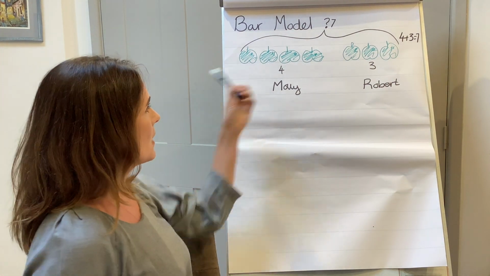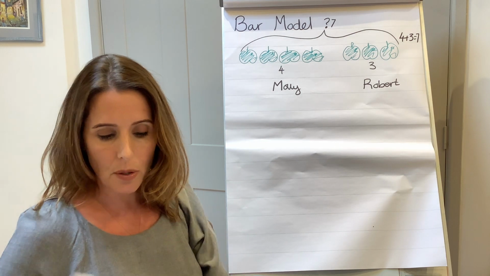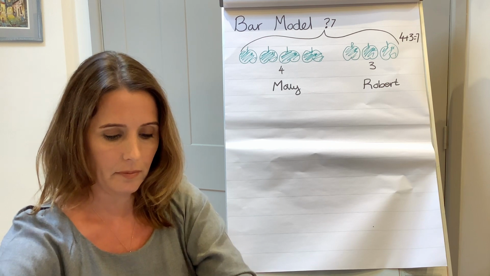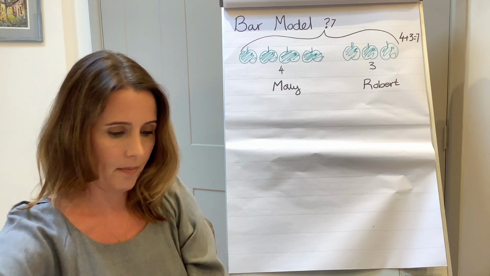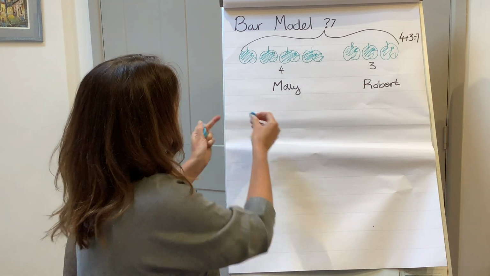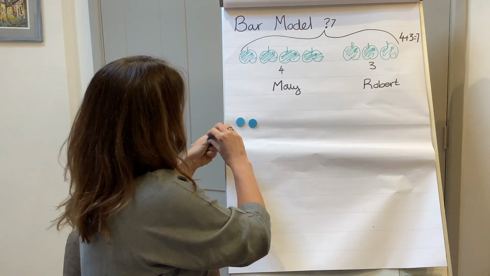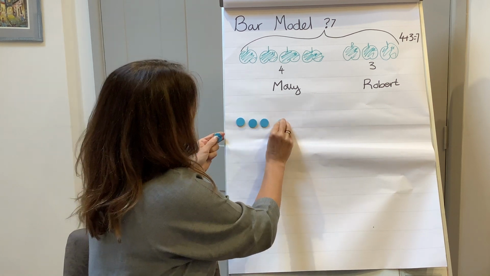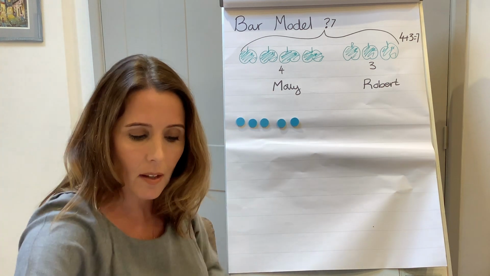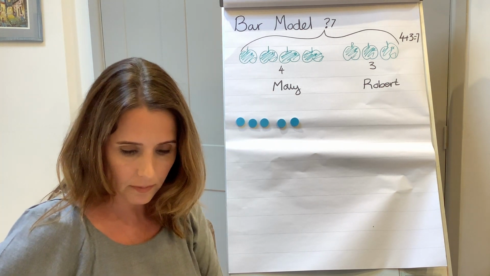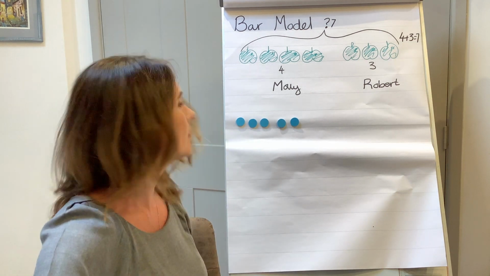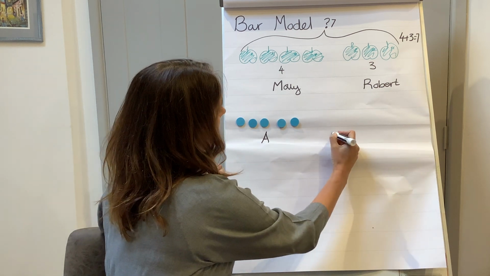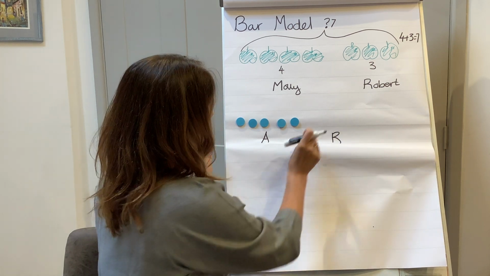Now, moving on from using the pictorial representation, you can use counters to show it. So we can have Alan had 5 cakes. So Alan's got 5, so I'm just going to put A for Alan, and Rupert, with an R, has 2.